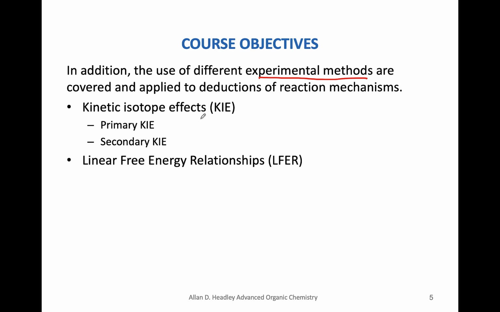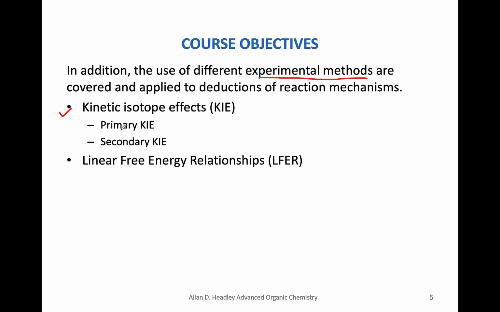So we'll use these experimental methods to determine what type of intermediates exist for a reaction mechanism. One that we look at is called the kinetic isotope effects. There are two types, the primary and secondary.